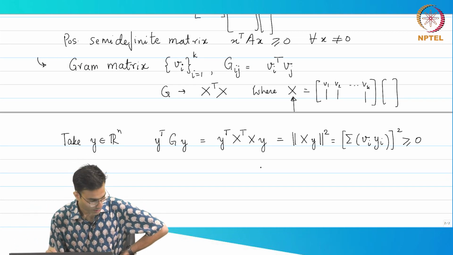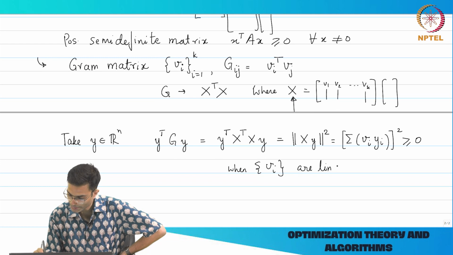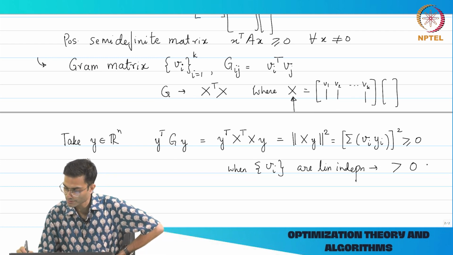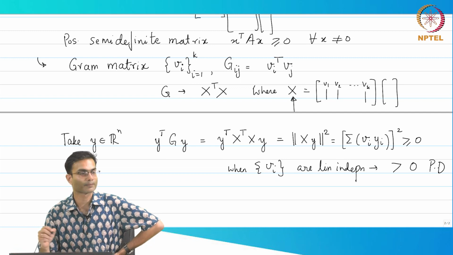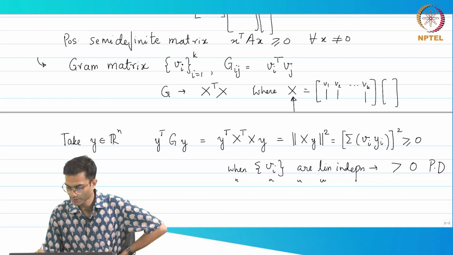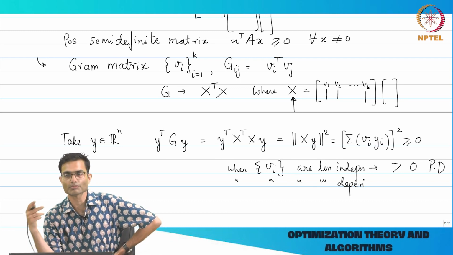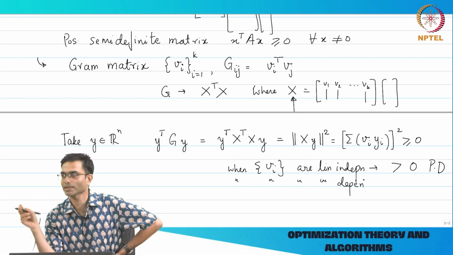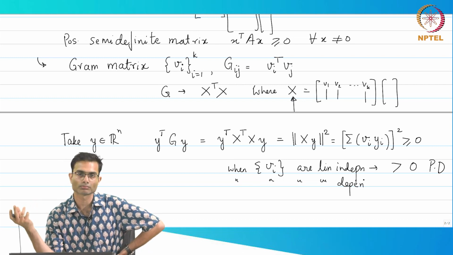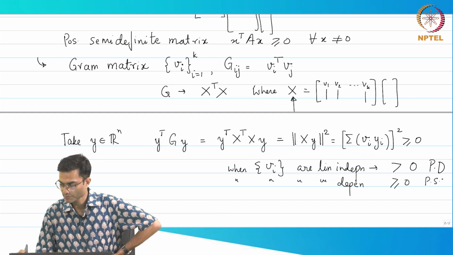So when the vi are linearly independent, what do I get? I will get greater than 0, so positive definite, right? And when these are linearly dependent, then I can come up with some set of coefficients yi such that this linear combination sums to 0, right? So this will become greater than or equal to 0, positive semi-definite.